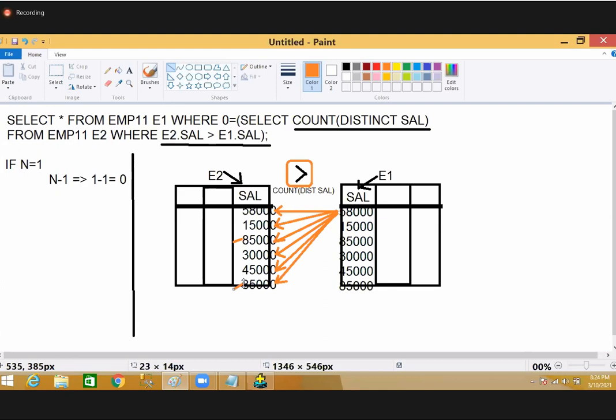Yes. But 85,000 here, both are 85,000, so can I say it is a duplicate value? Yes. But on my salary column, which keyword am I using here? Distinct keyword. So with the distinct keyword, are duplicates counted or not counted?